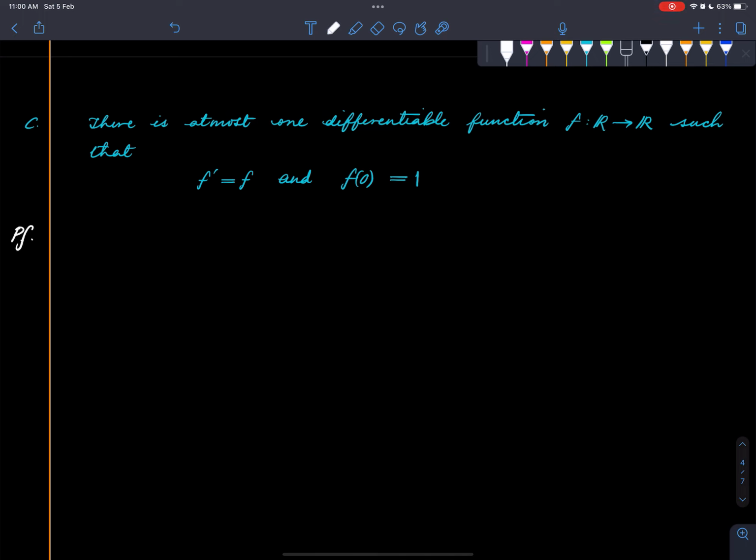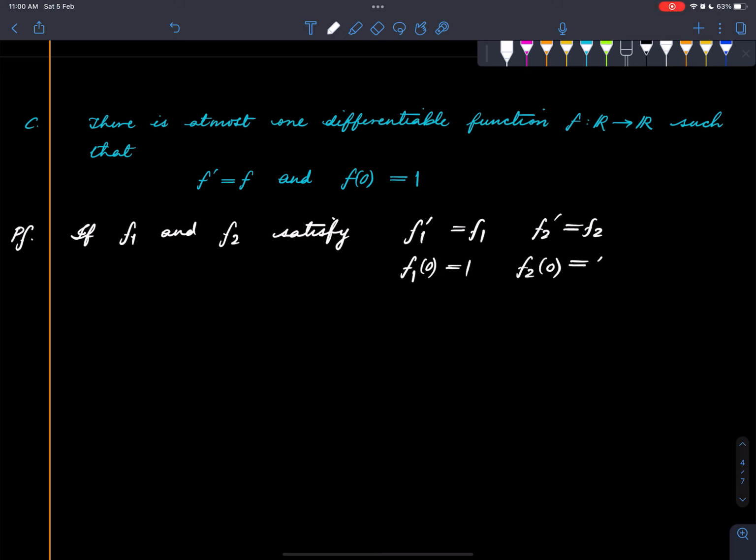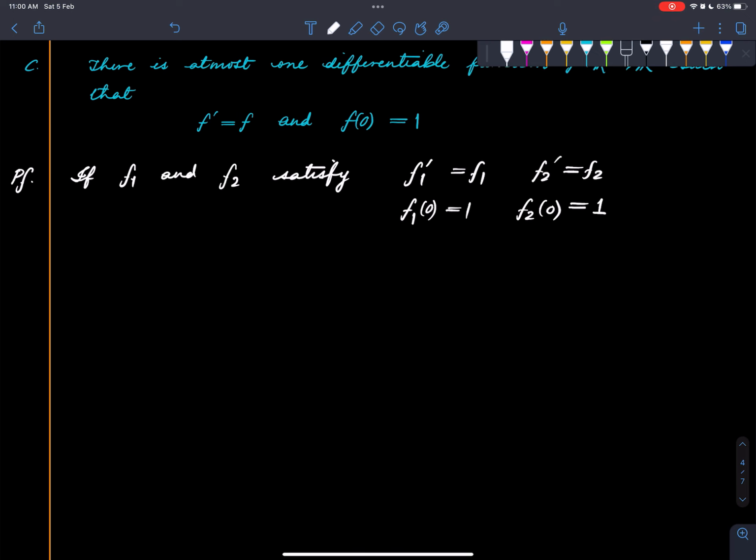So if f1 and f2 satisfy f1 prime equals f1, f2 prime equals f2, and f1(0) equals 1, f2(0) equals 1, then set f as f1 minus f2.